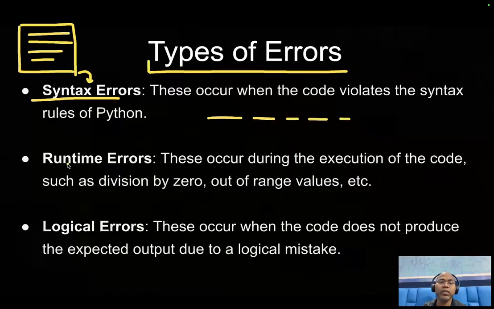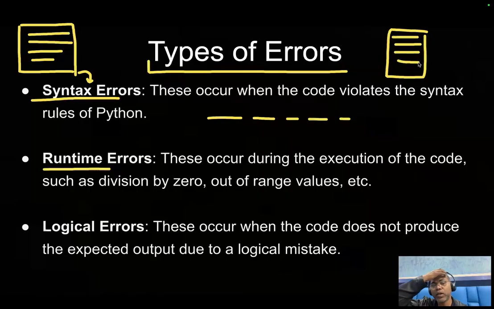And second is the runtime error. That means whenever our Python is running inside the runtime environment, sometimes the operating system has some concerns, like when you divide a particular number by 0.